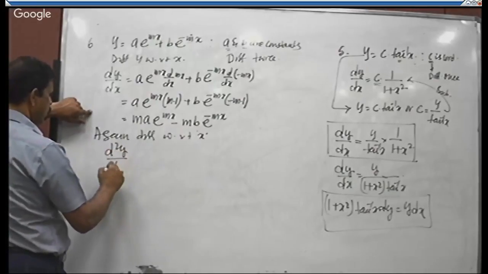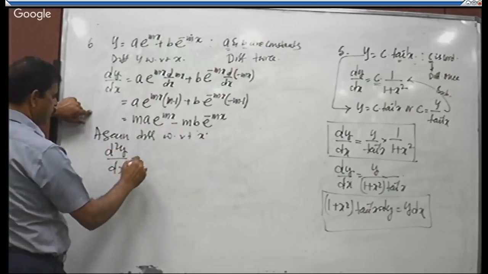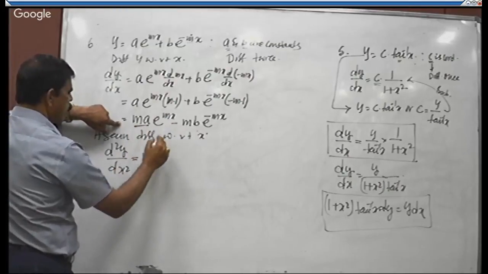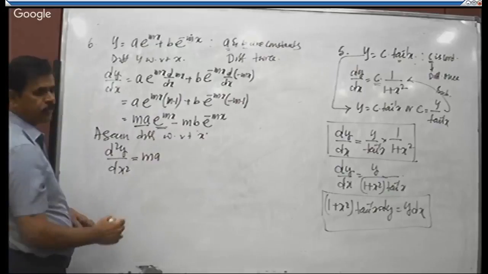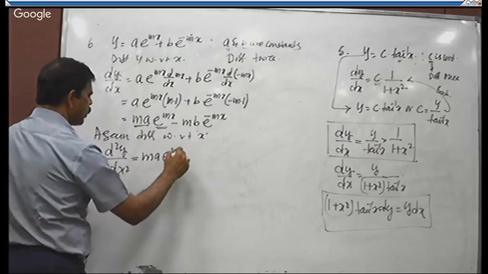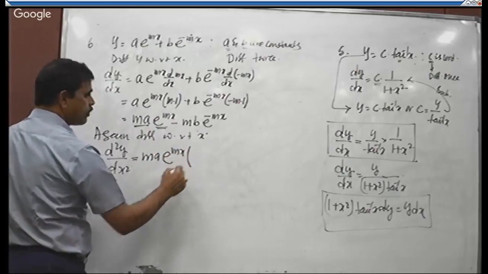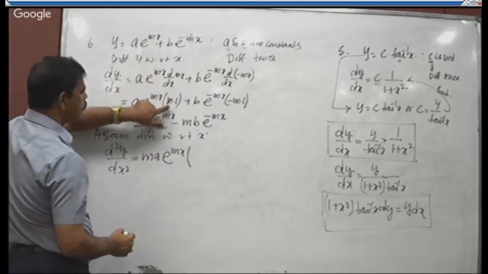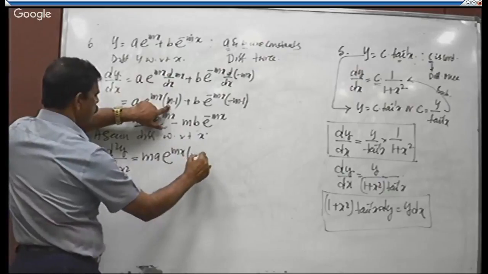D square y by dx square is equal to, keeping the constant as it is, m into a, into the differentiation of e to the power of mx, which is e to the power of mx into differentiation of mx, m into 1.